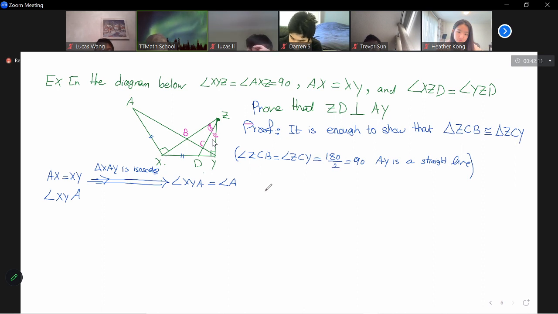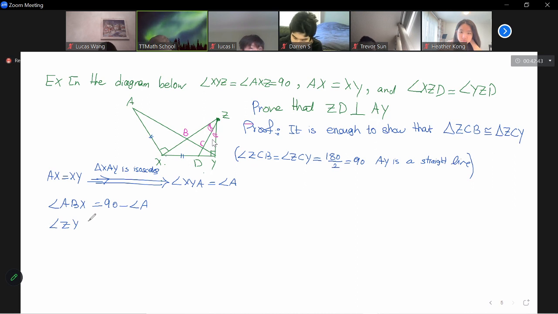And the angle ABX, let's look at the angle ABX. Because this triangle ABX is a right triangle, the angle ABX is obviously 90 minus the angle A, right? And the angle ZYC, let's look at the angle ZYC.